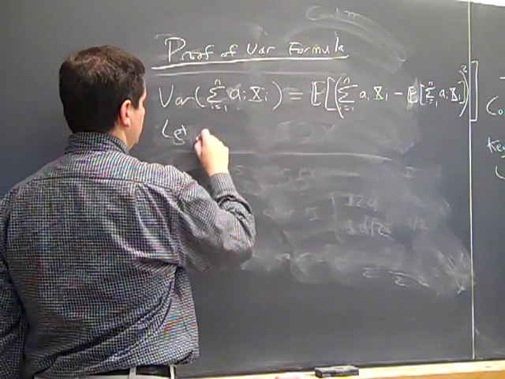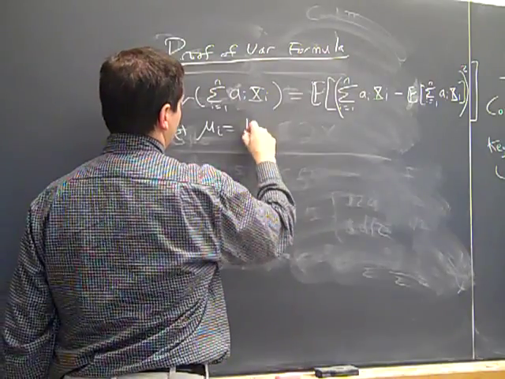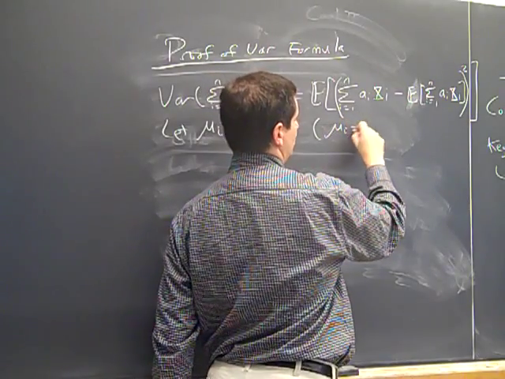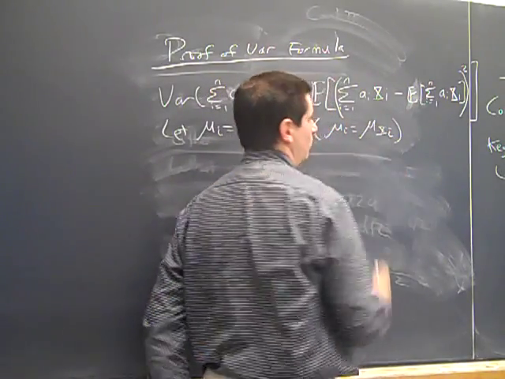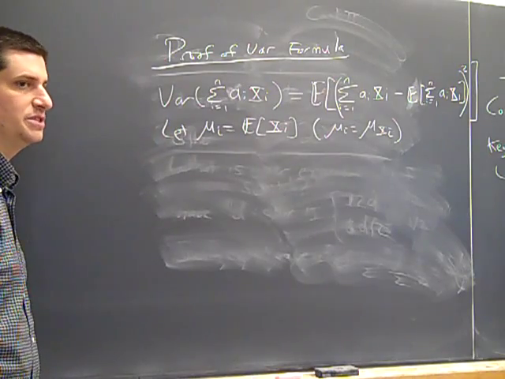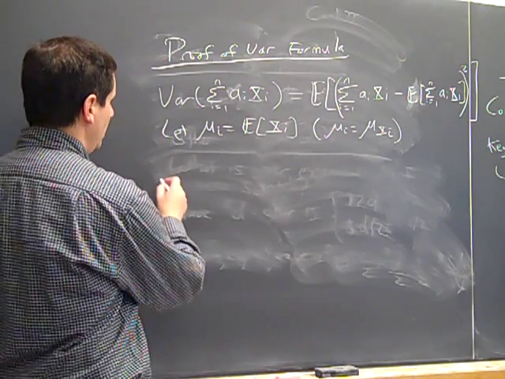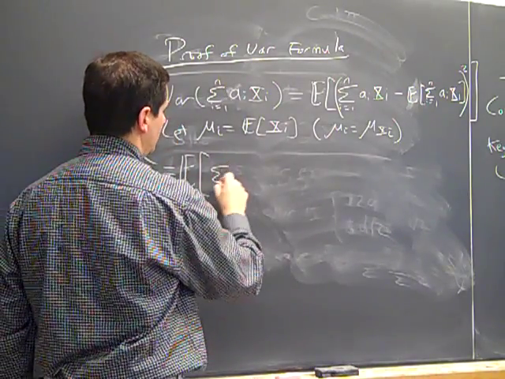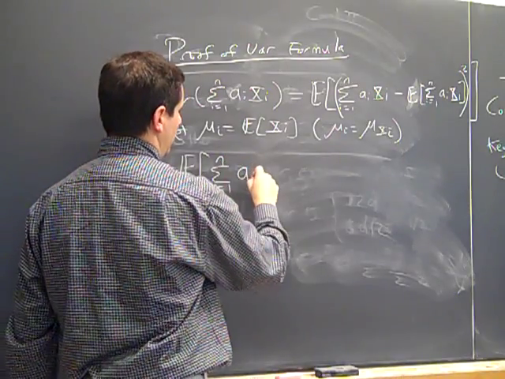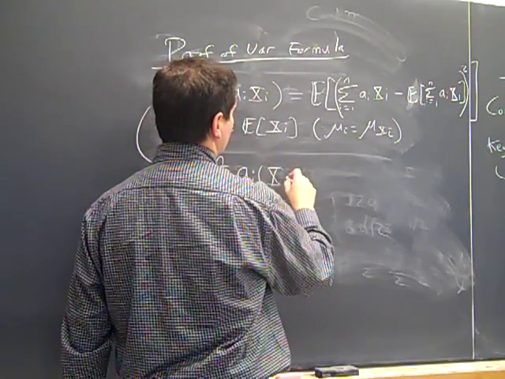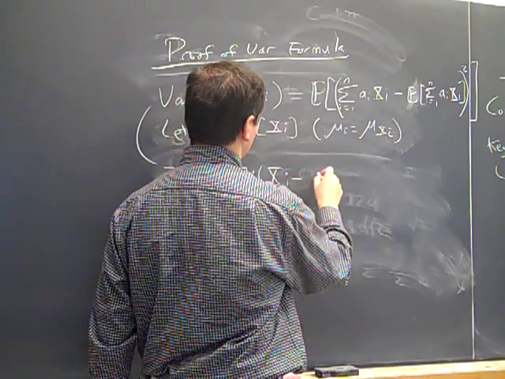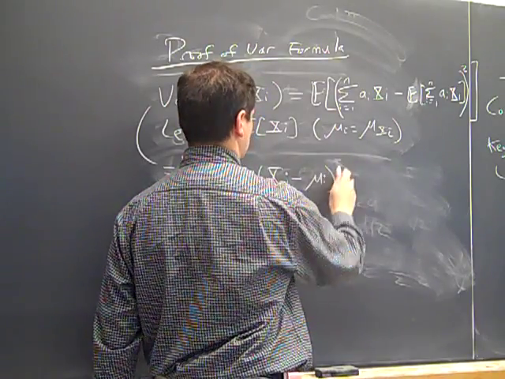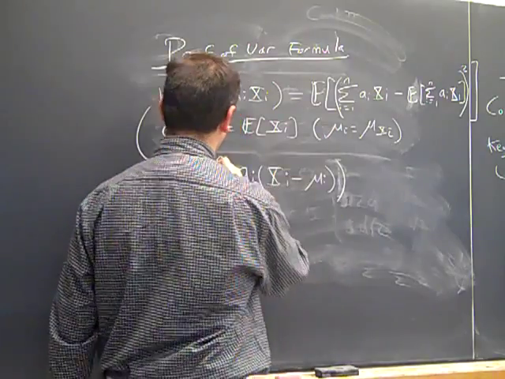So let mu i equal the expected value of xi. Really I'm just writing mu i for mu x of i. I don't want to have to write something as elaborate as this. And so now our expression is the same as the expected value of the sum, i goes from 1 to n, of ai times xi minus mu i, lots of parentheses, squared.